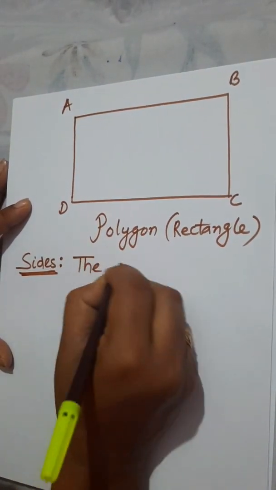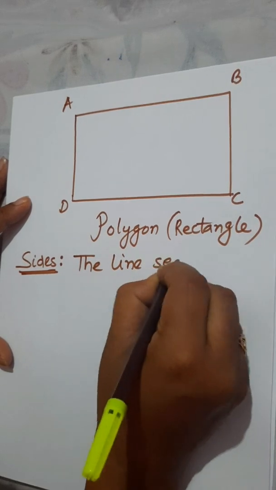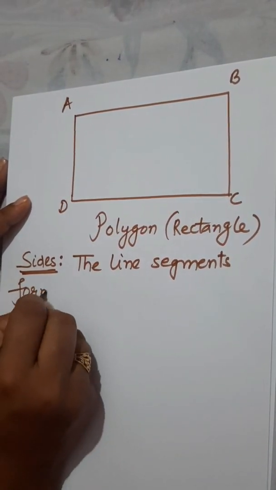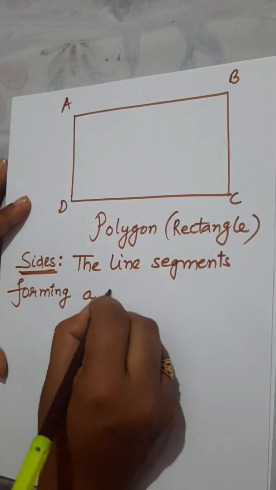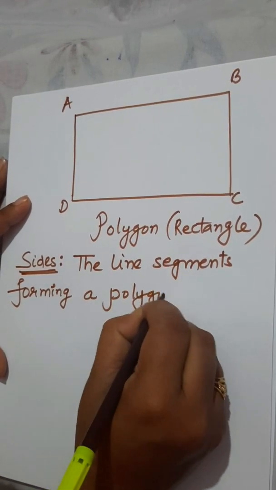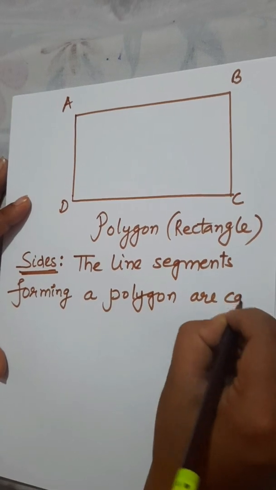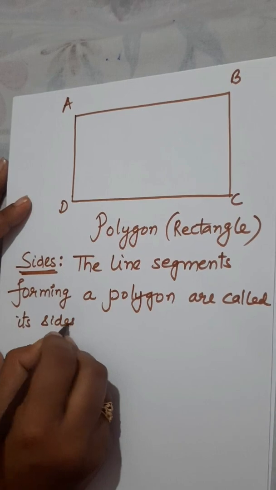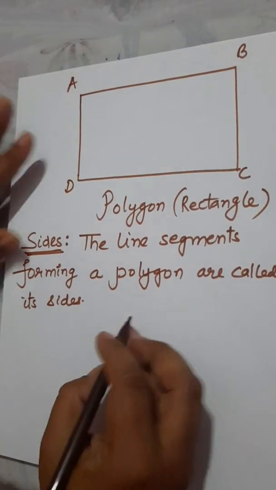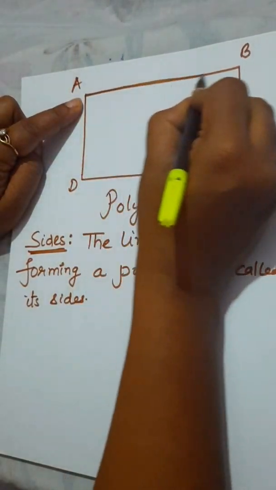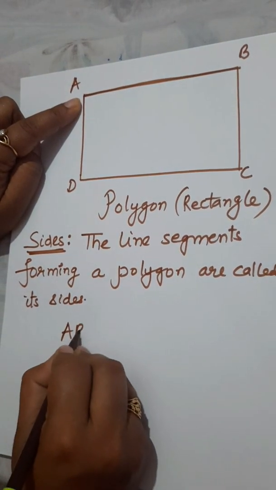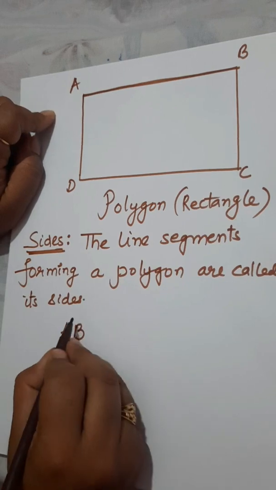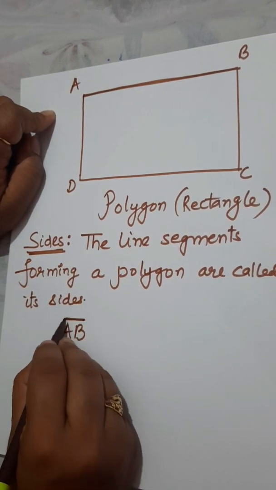So I will write: the line segments forming a polygon are called its sides. Now in this figure we have sides. First side is AB, and as we know that polygon is a simple closed curve made up of line segments, and the symbol of line segment is this.